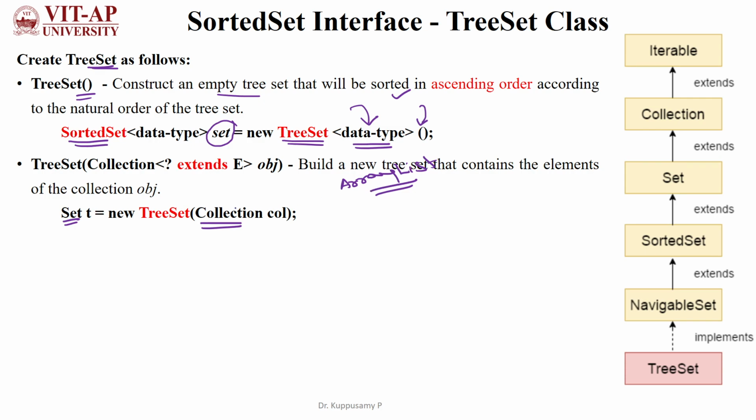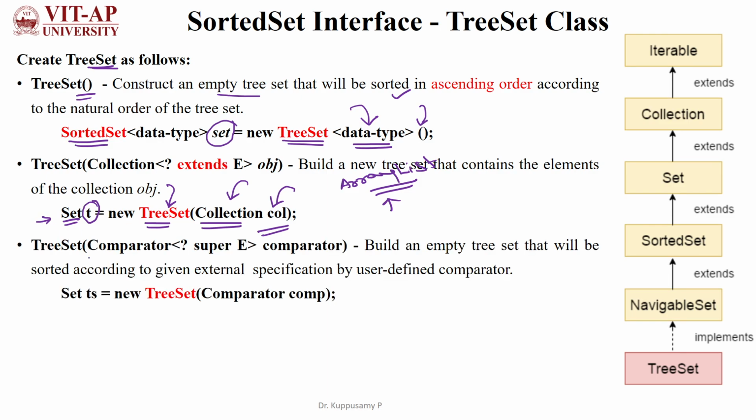Any collection can have some elements. Those elements will be passed as an argument in the TreeSet class. Then the TreeSet is carrying those elements and copying them into the variable which is created by using the TreeSet class, which is implementing the set interface.